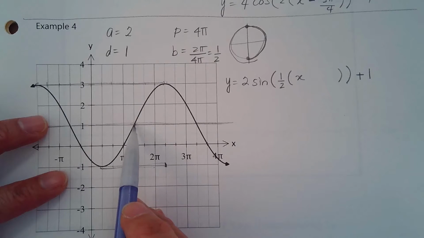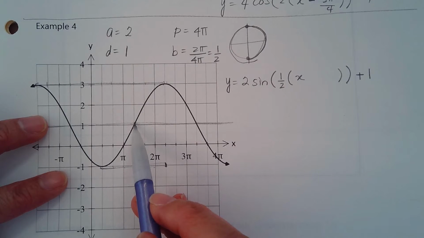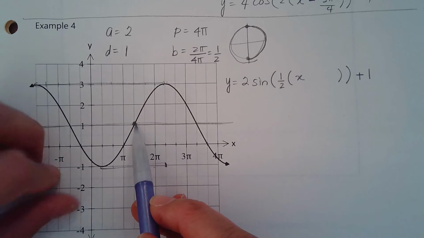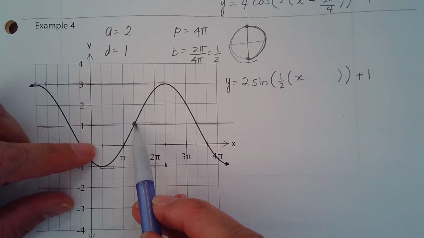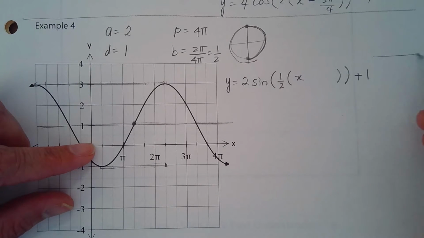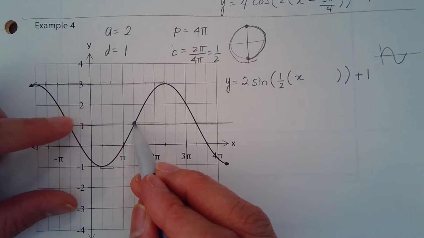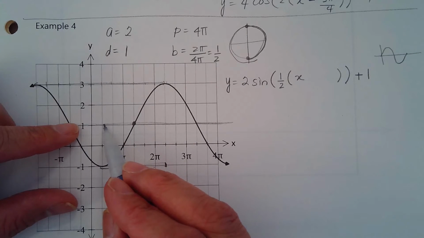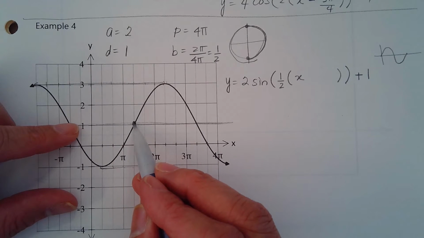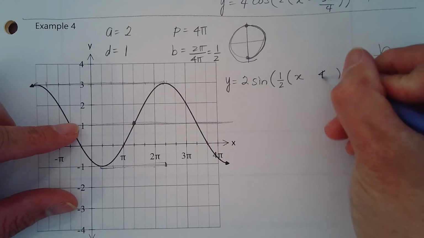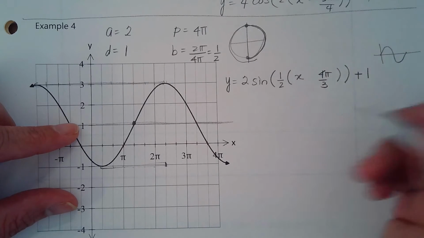Now, if we're talking about the sine, we're going to start with the median. Where did the median start? Over here, right? So this is the start of your graph. Remember, the sine has to start with the median, maximum, median, minimum, median. So that's going to be 1, 2, 3, 4. So 4 pi over 3.